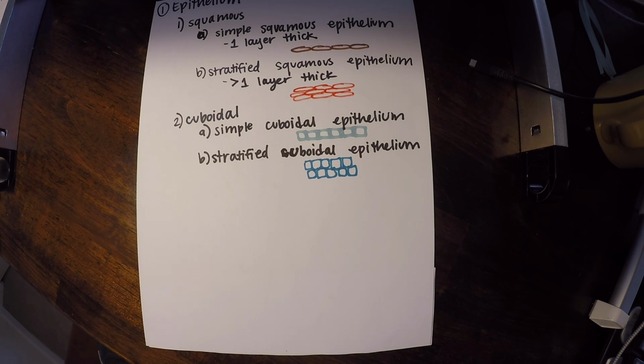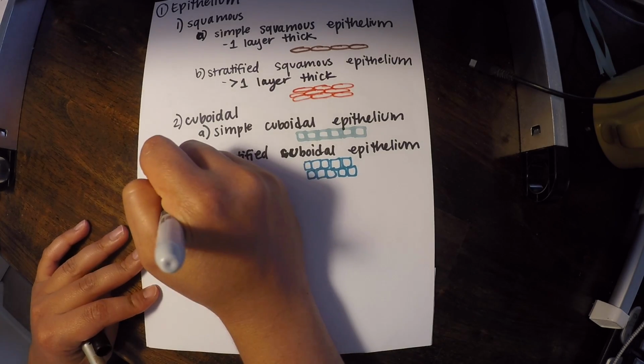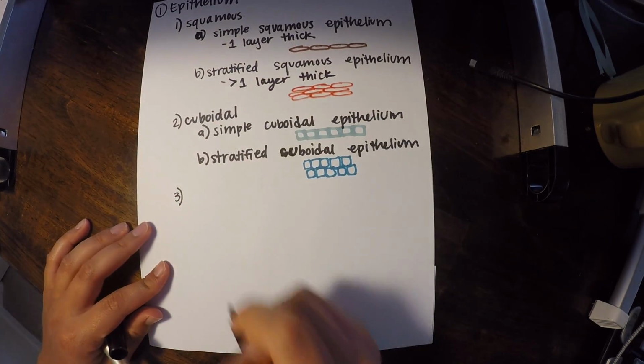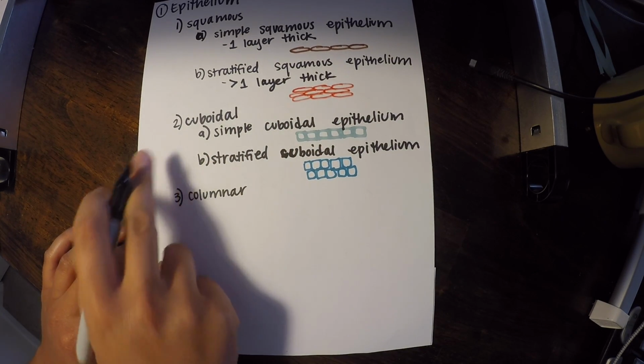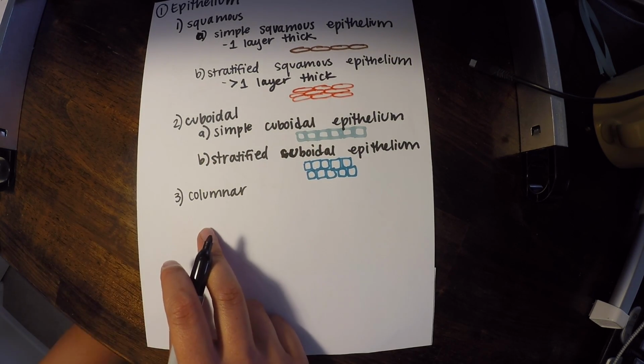Now our third type of epithelium is columnar. You know how cuboidal was cube-shaped? Columnar is column-shaped.